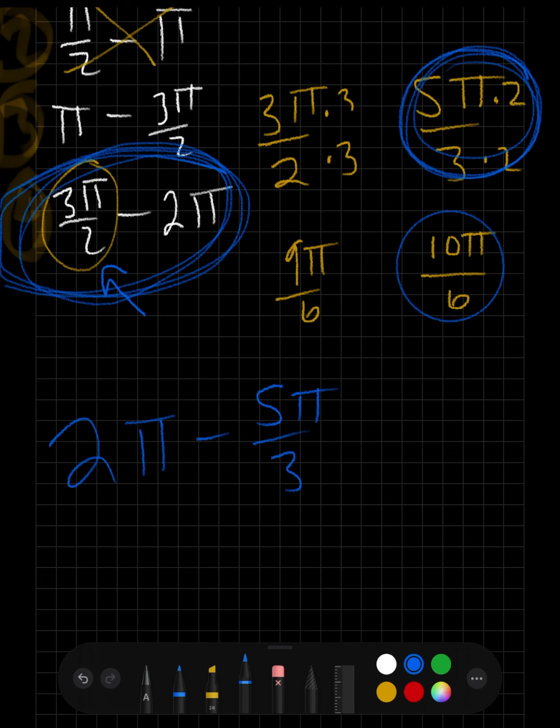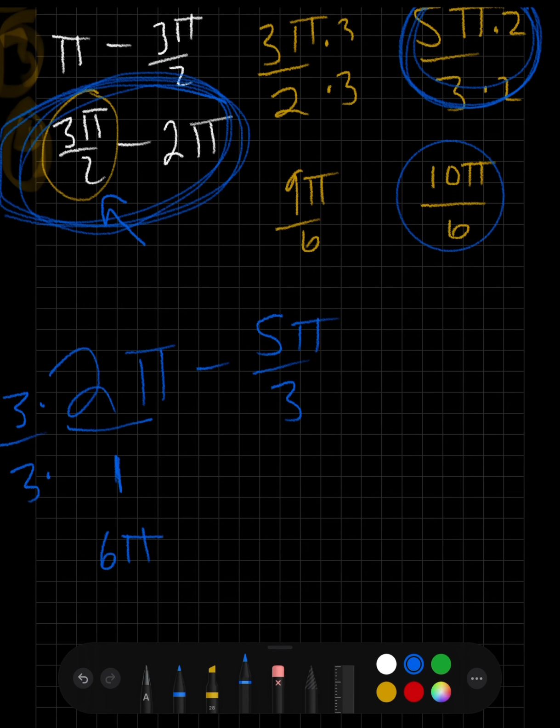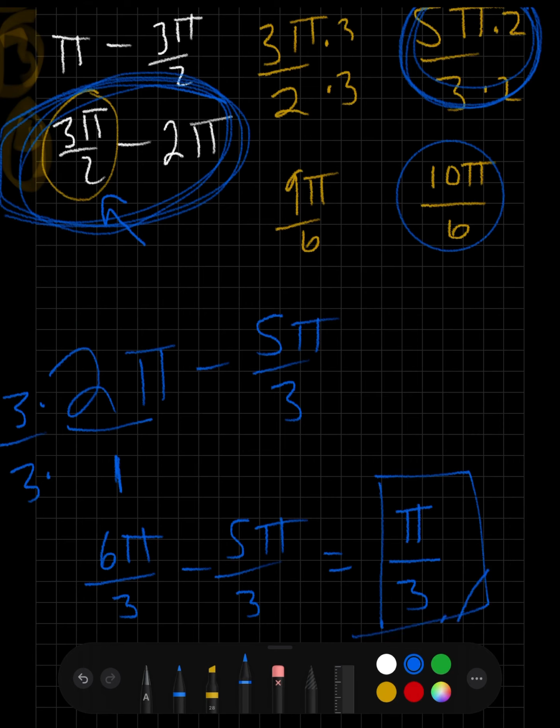Because I'm working with fractions, I need a common denominator. So I can view this as 2 pi over 1 and multiply by 3 over 3. Then I get 6 pi over 3 minus 5 pi over 3, and that'll give me just 1 pi over 3. That would be my reference angle here.